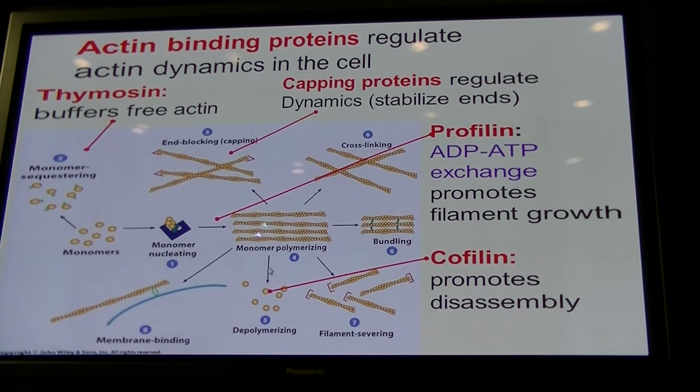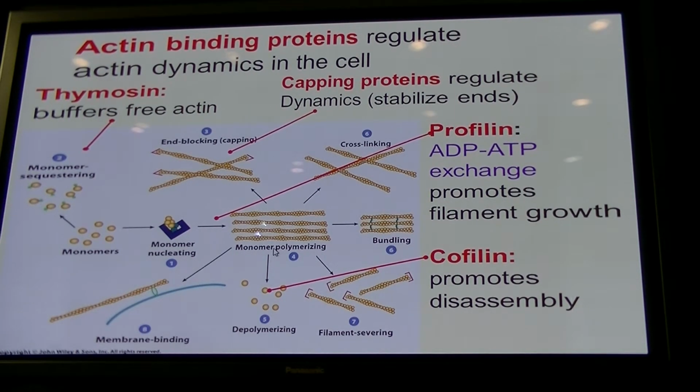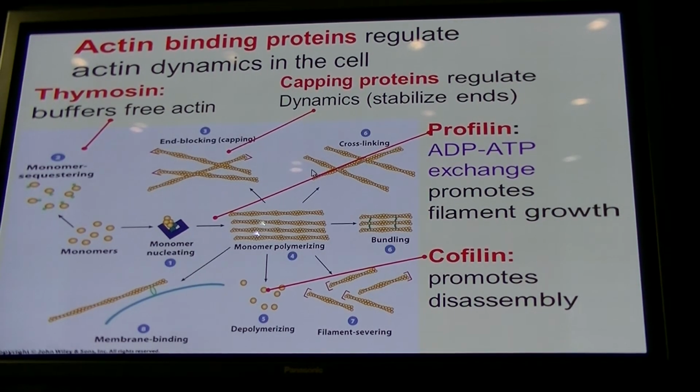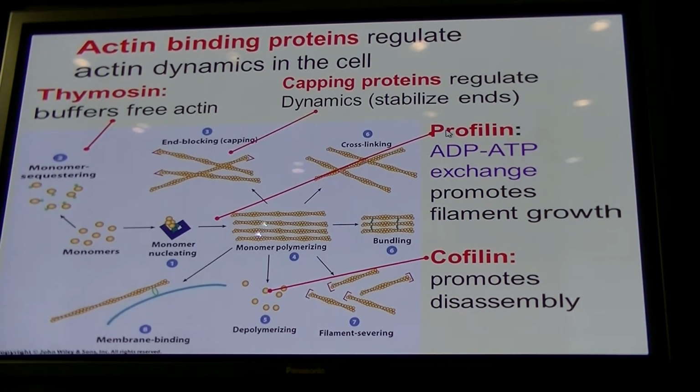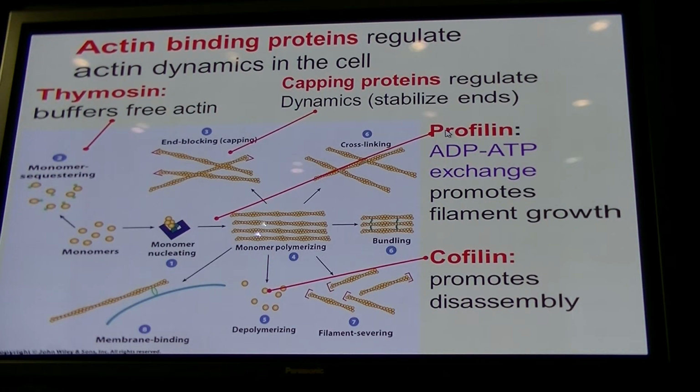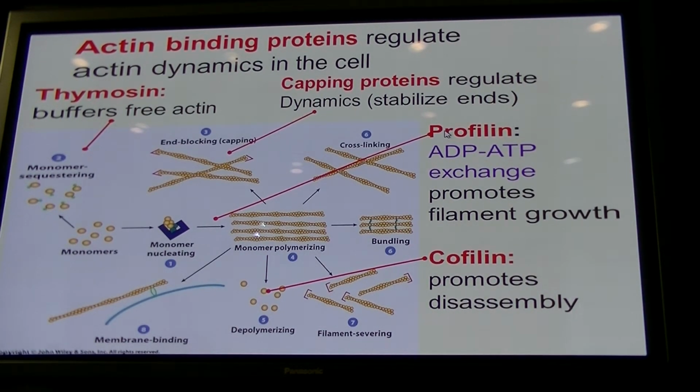There are proteins that can promote the disassembly, and a protein that's well studied for that purpose is cofilin. It promotes the disassembly of filaments. There are also proteins that promote the assembly. Profilin is a protein that promotes the assembly because it binds to actin that has ADP bound.